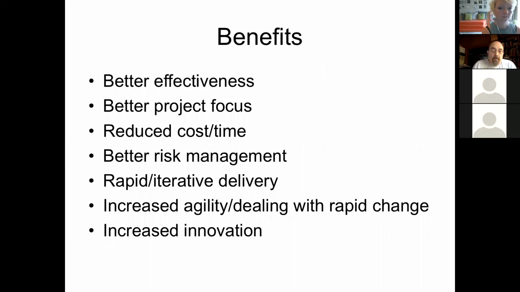So the benefits, if you do risk management properly: better effectiveness, better project focus, reduced cost and time, better risk management, rapid and iterative delivery, increased agility, dealing with rapid change, increased innovation. These are the benefits of Agile, if done properly and appropriately in a project.